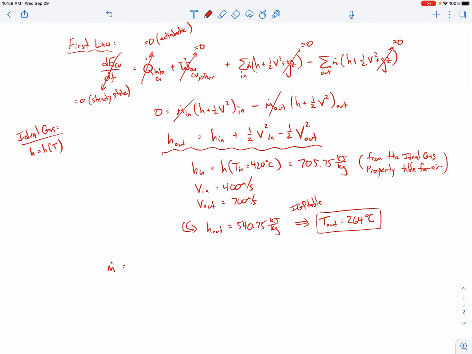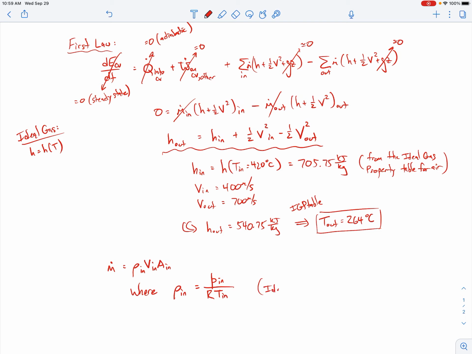So the mass flow rate will be the density at the inlet times the velocity at the inlet times the area at the inlet. The density at the inlet we can get from the ideal gas law. That'll be the pressure at the inlet divided by the gas constant times the temperature at the inlet.